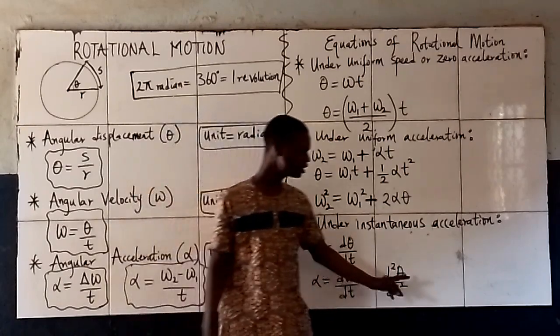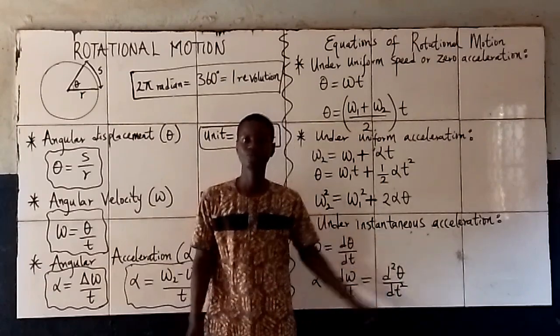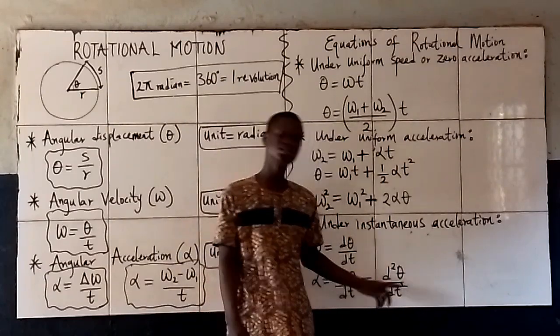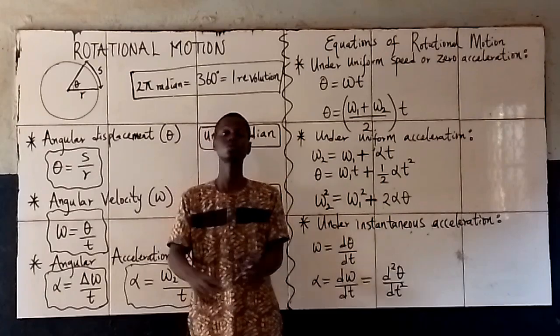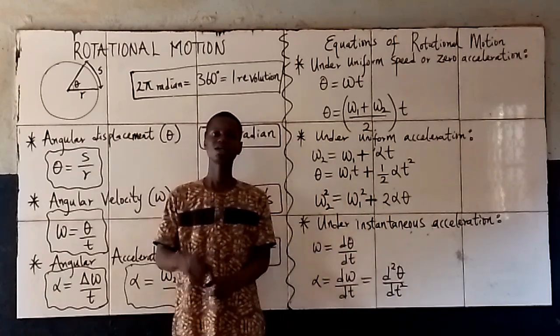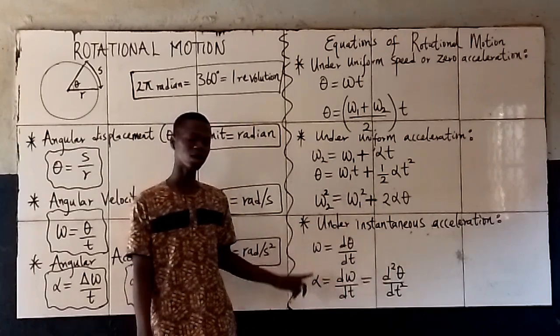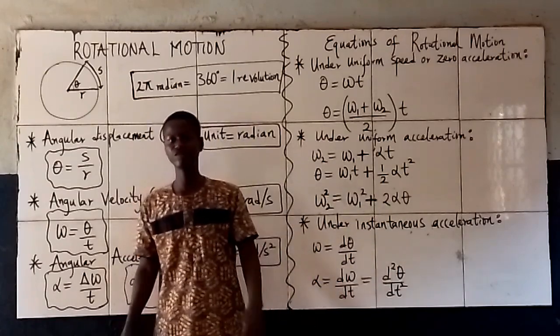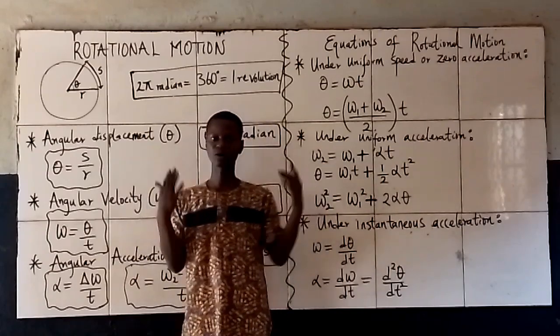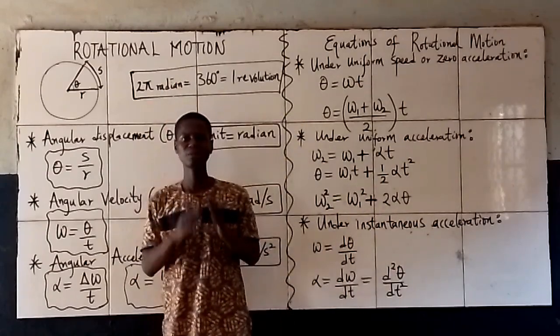But if you're given a function for the angular displacement, you are going to differentiate the angular displacement function twice. That's why you see raised to power 2. Once you have differentiated it twice, input the value of time, you also get your alpha. So these are the key formulas we should have at the back of our mind for rotational motion.